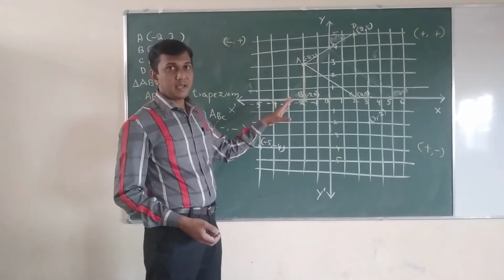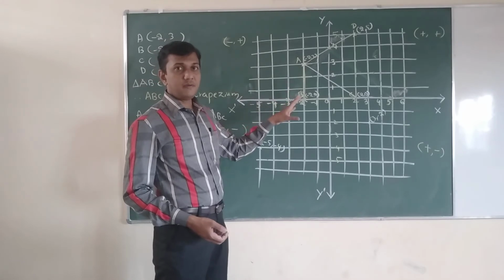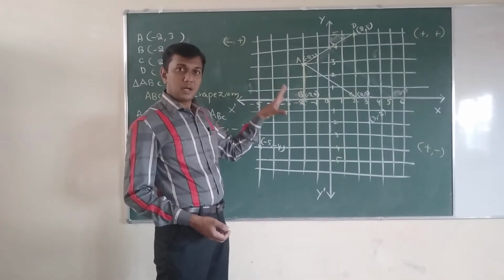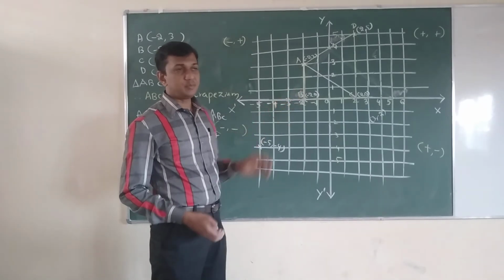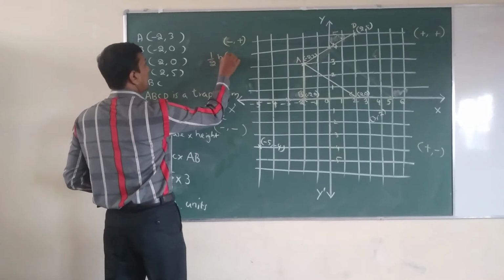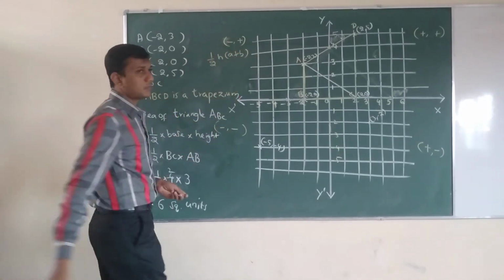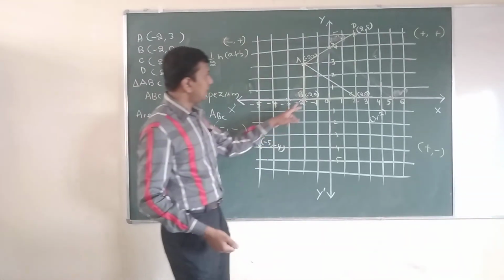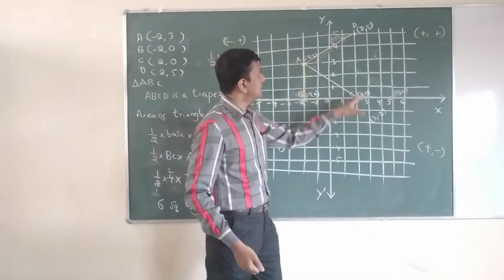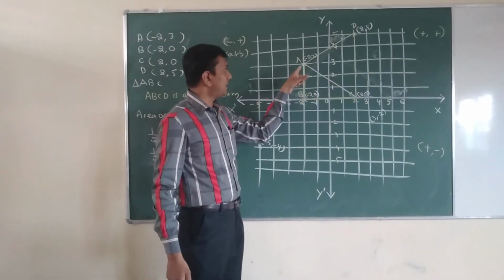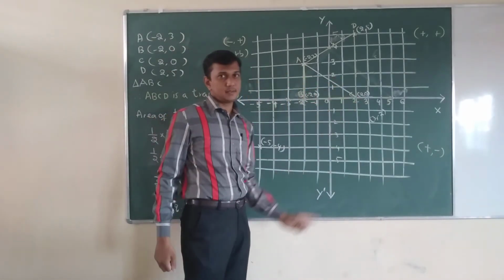What is the trapezium area formula? Half into height into A plus B, where A and B are the parallel side lengths. Now here AB and CD are parallel.